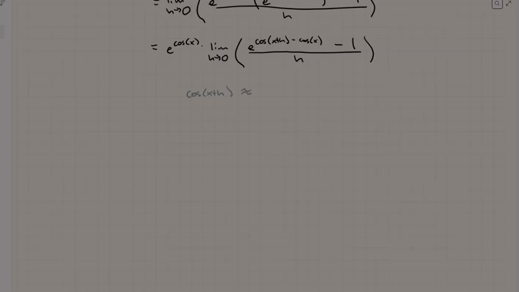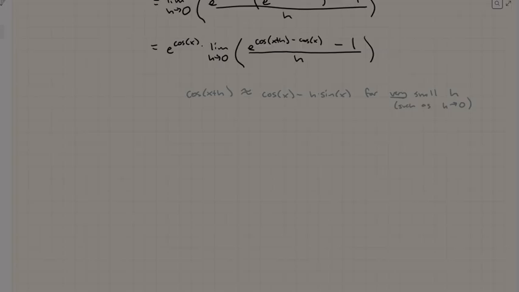So our hint is that cosine of x plus h is basically equal to cosine of x minus h times sine of x for very small h, such as when the limit of h approaches 0, right? So the only reason that we can do this is because we're taking the limit to 0. And even then it's, but yeah, anyways.